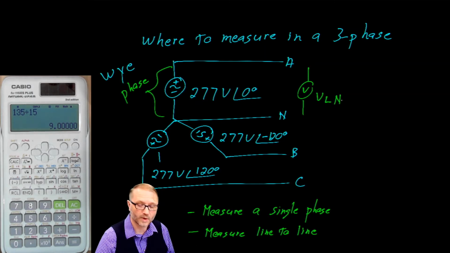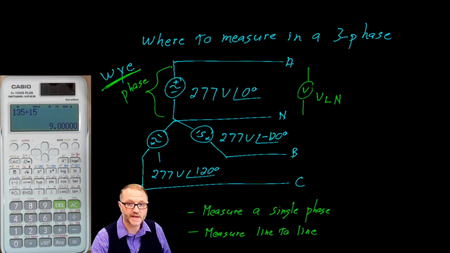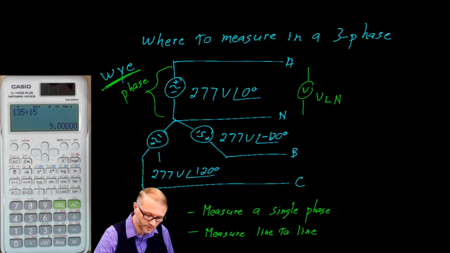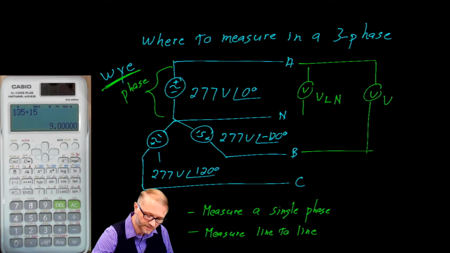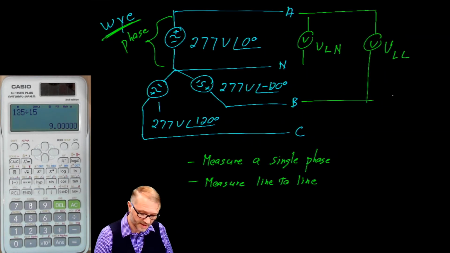Okay, so in a Y configuration, to measure a phase is the same thing as saying measure line to neutral. If you're going to measure phase to phase, that looks like this. So voltage phase to phase, or voltage line to line. And obviously these are not the same thing.